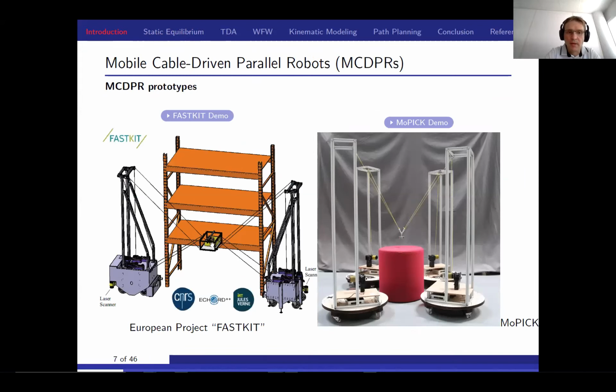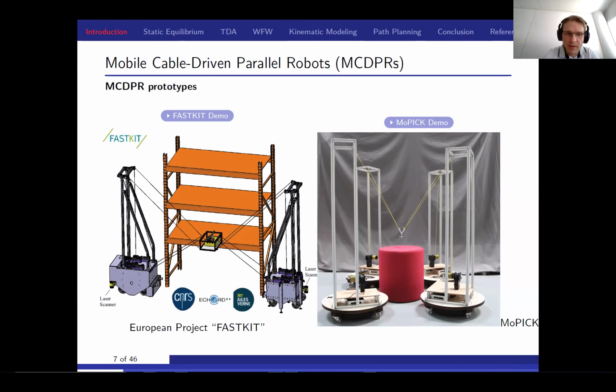Yes, I think this is a good question. Actually, with this system, for sure, we face some oscillation of the moving platform along the normal to the plane of motion, but we didn't play with the mobile bases to attenuate those oscillations.